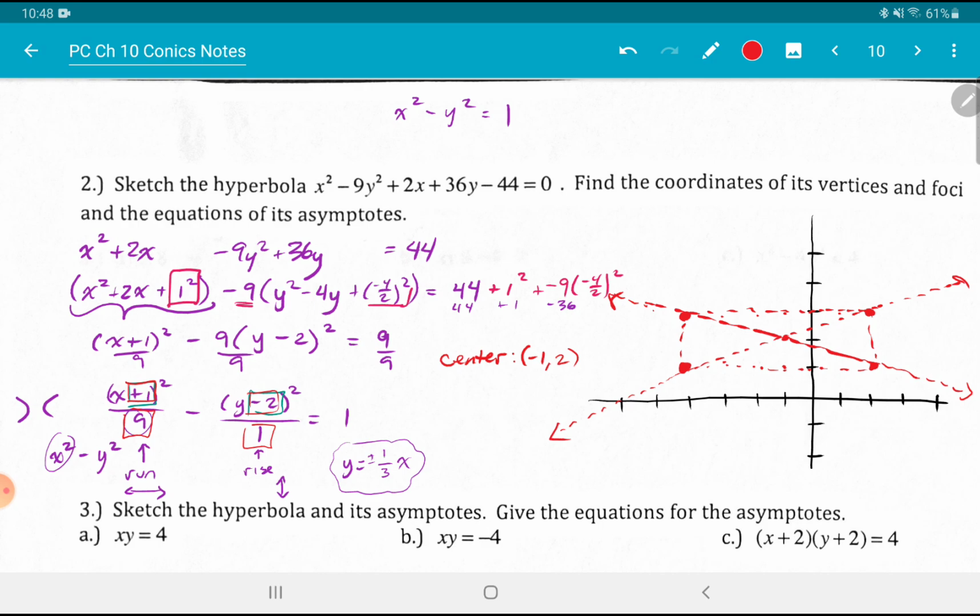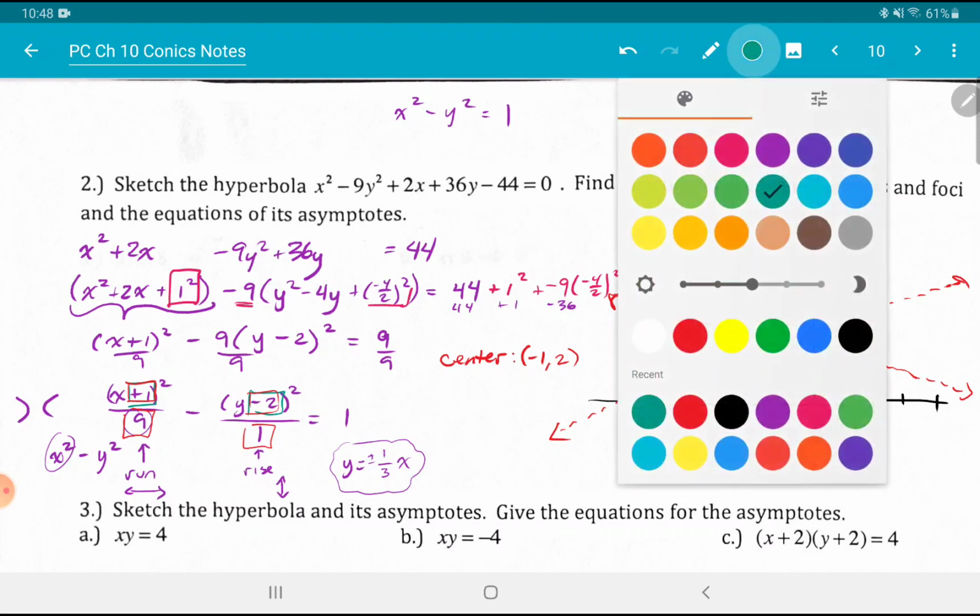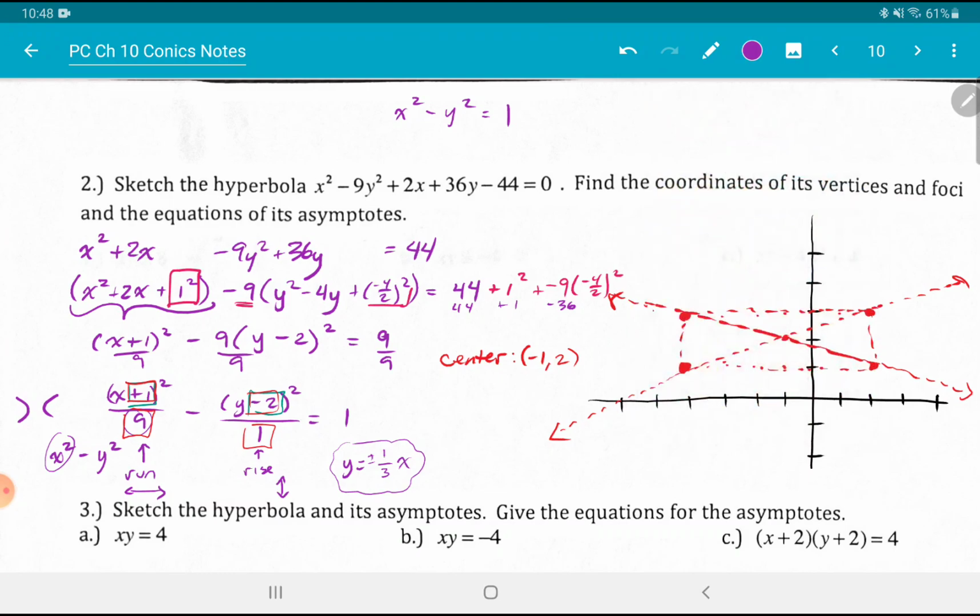Now we can actually just sketch in the hyperbola. If you recall, one thing that we had said was that the hyperbola itself, actually I'll do it in purple, my equation was in the form of an x squared minus y squared, which means that is a horizontal hyperbola.